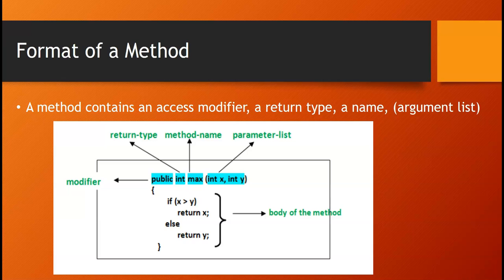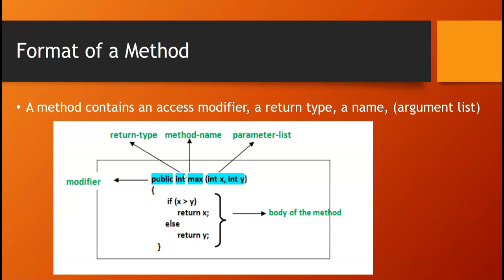The format of a method is consistent across many programming languages. This particular screenshot comes from Geeks for Geeks, and a method will always have an access modifier, and so it could be public, private. There is one more option that it can be, protected. There's a return type.